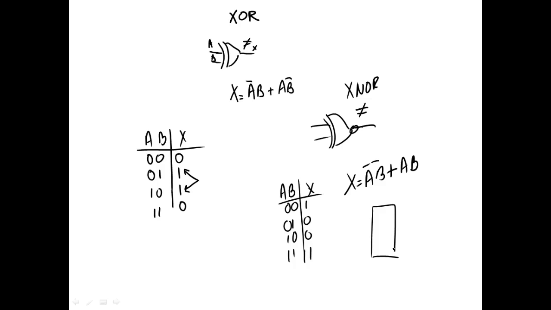We use the exclusive OR so often that it has its own unique symbol. Even though it's a combinational logic gate, a lot of people teach it as a basic logic function because it's used so much, even though it is not a basic gate.